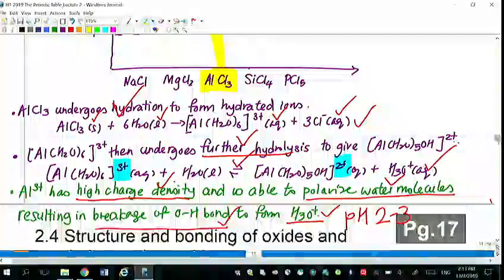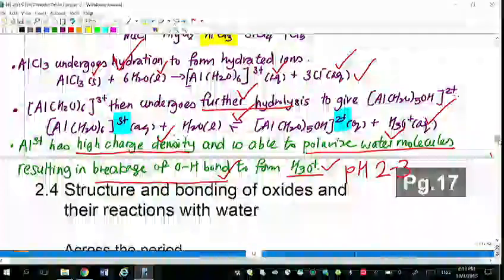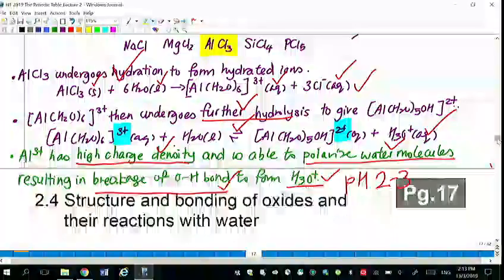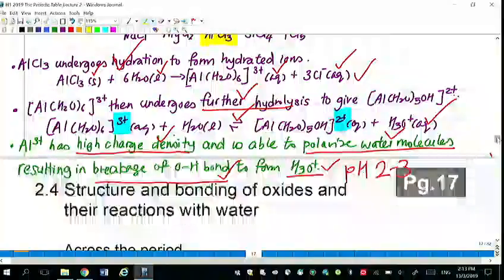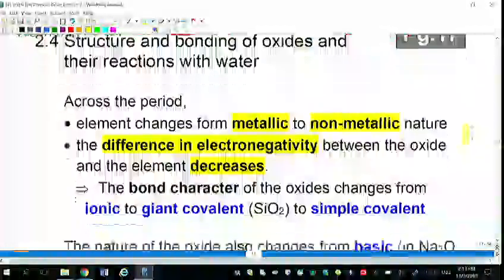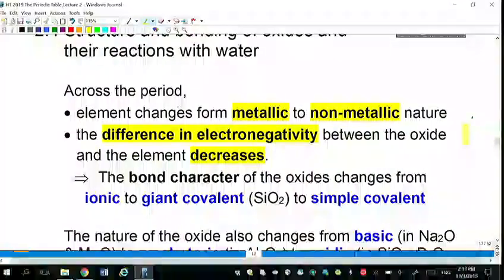Now moving on. After I talk about the chlorides, now I'll talk about the oxides of the period 3 elements and their reactions with water. Firstly, the same thing again, I try to look at the bonding and correlate it to the type of reaction with the water. From metallic to non-metallic, the difference in electronegativity in the oxides will decrease.